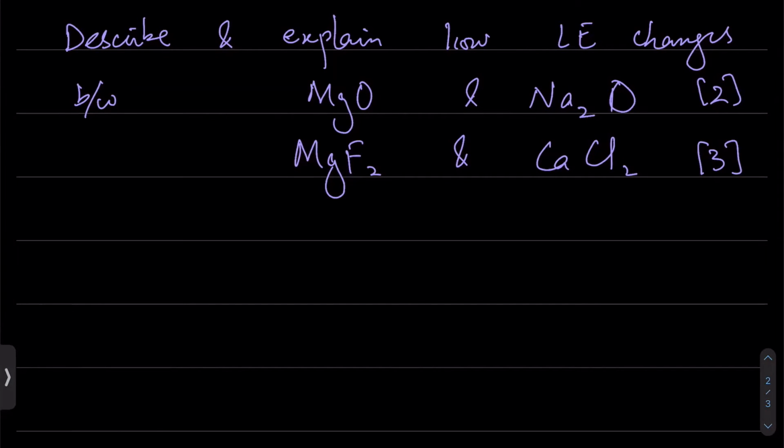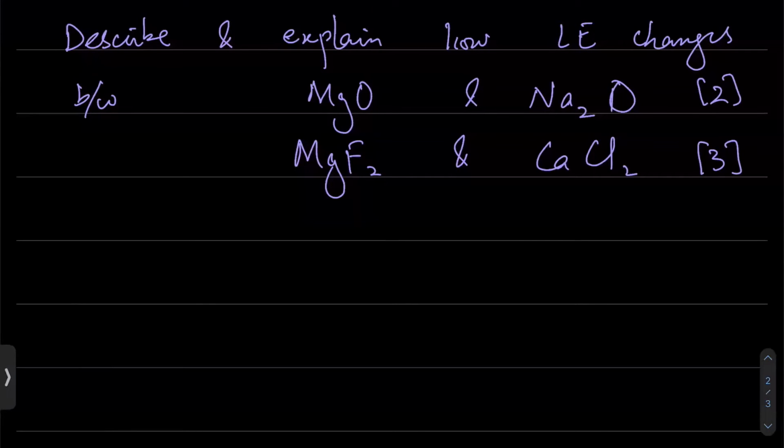All right, if you've written the answer for this, just make sure that in the first one, you need to be able to compare the two factors that change between sodium and magnesium. Your answer doesn't need to compare oxide because oxide is constant in both of them. We are going to talk about the changes, so the change is not coming from oxide. It's coming from sodium and magnesium.